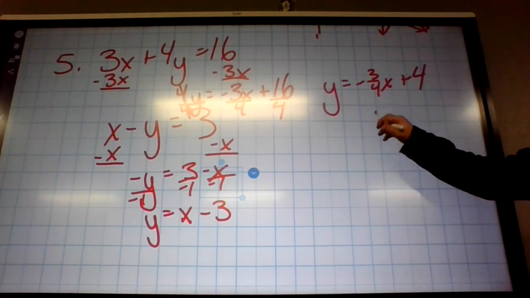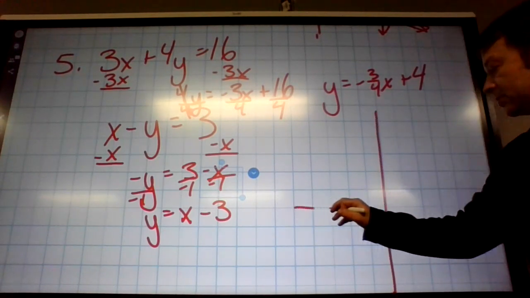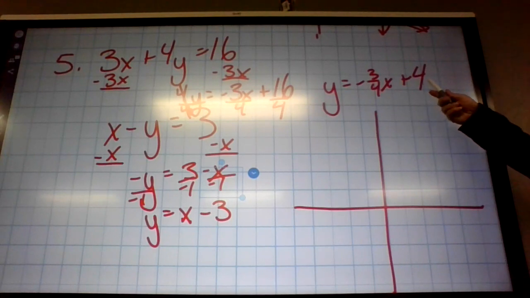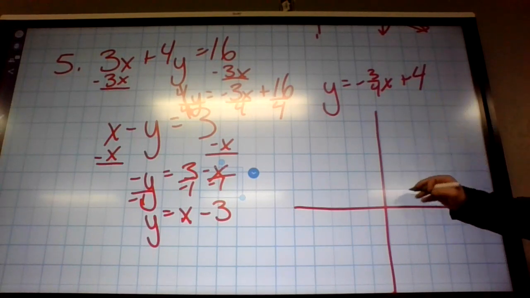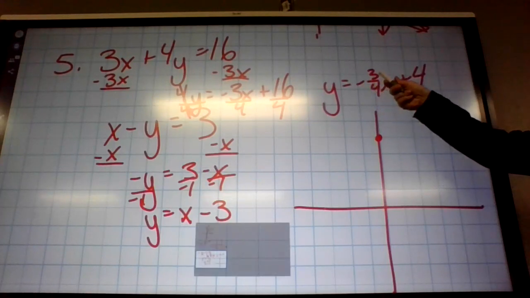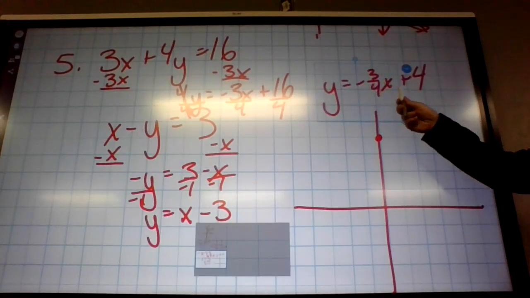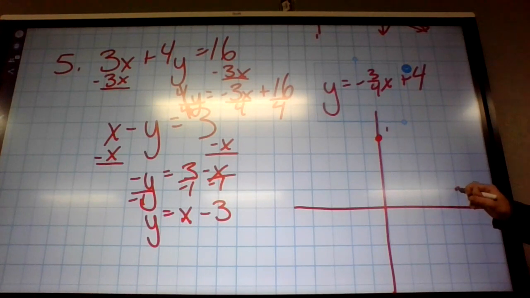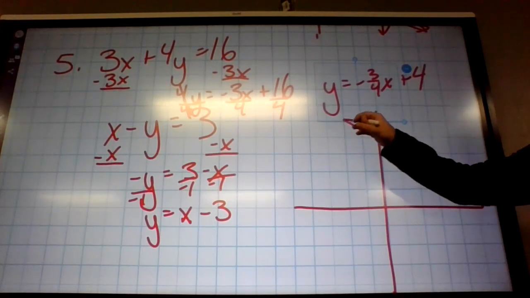Alright, so this top equation we're going to start up 4. Then we're going to go down 3, right 4. That's probably only 2 points will fit on that graph.